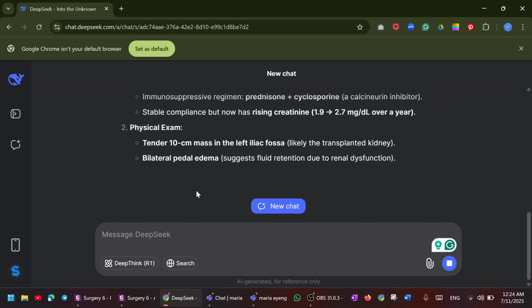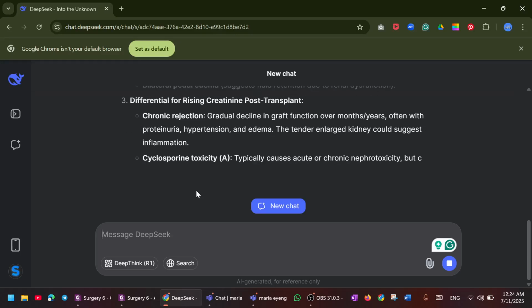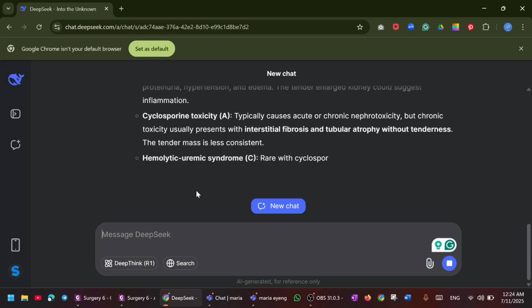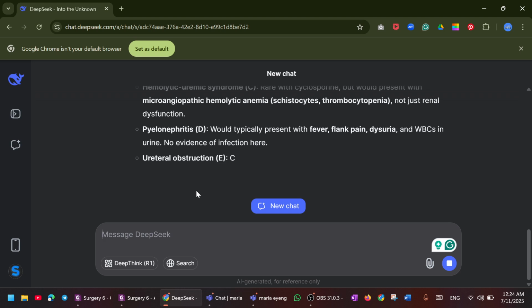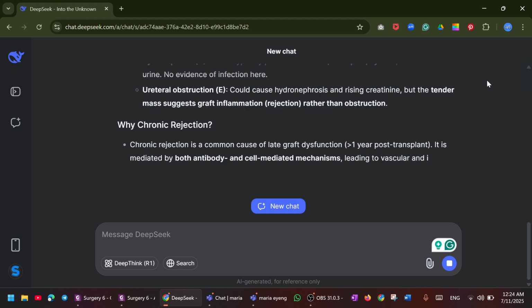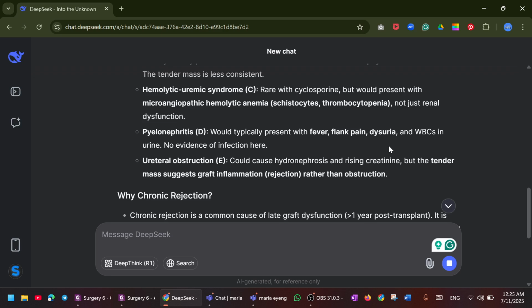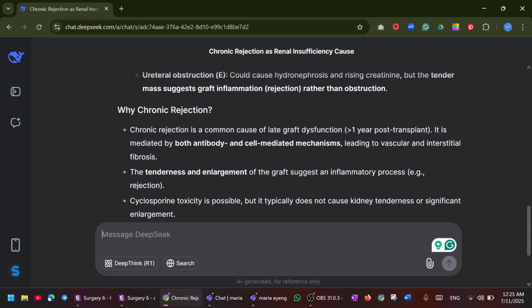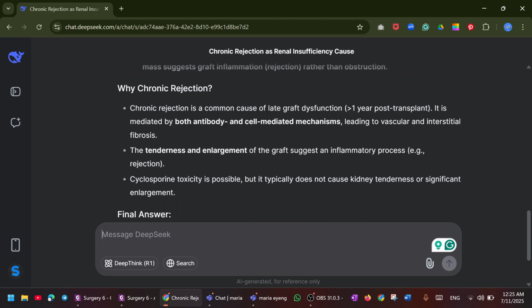Immunosuppressive regimen: cyclosporine is known to have significant nephrotoxic side effects. He takes lisinopril, an ACE inhibitor often used in transplant to manage hypertension and proteinuria. Vital signs are normal. Moderate pedal edema suggests fluid retention, which is a sign of kidney failure.